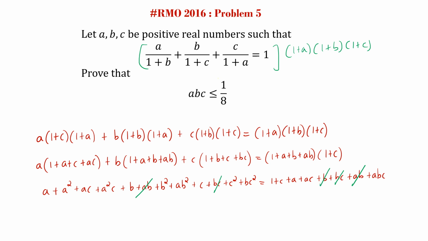So B, okay, B, AC, AC. A gets cancelled with A over here. C gets cancelled with C over here. Okay. So finally we get this expression that A squared plus B squared plus C squared plus A squared C plus B squared A plus C squared B equals 1 plus ABC.